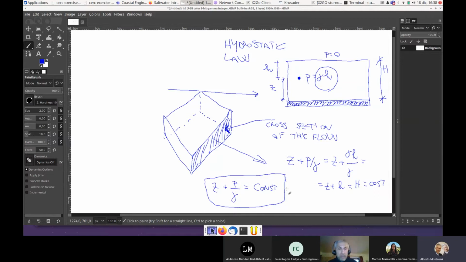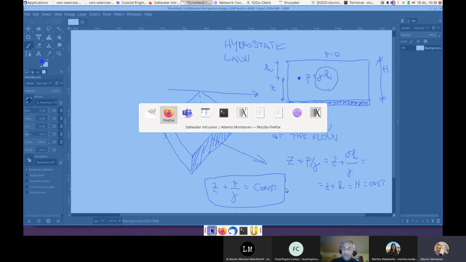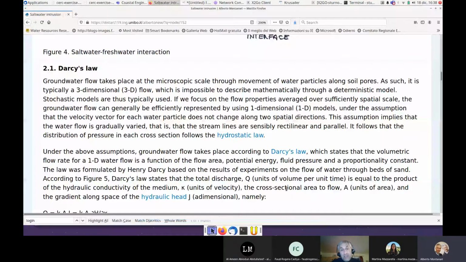Okay, now let me go back to my website. Darcy's law. I think it is an interesting discussion to see how it works, but I anticipate that in our subsequent discussion, we will not use it. In general, a groundwater flow model needs to be applied with the application of Darcy's law.